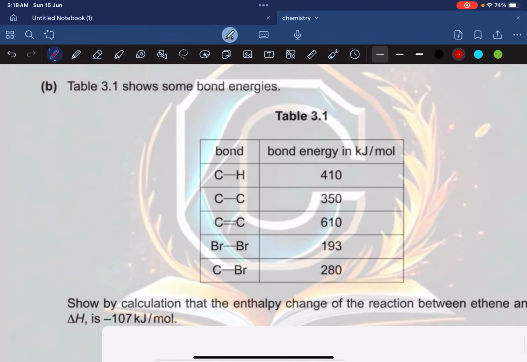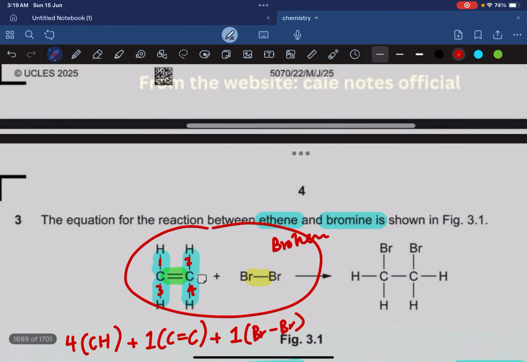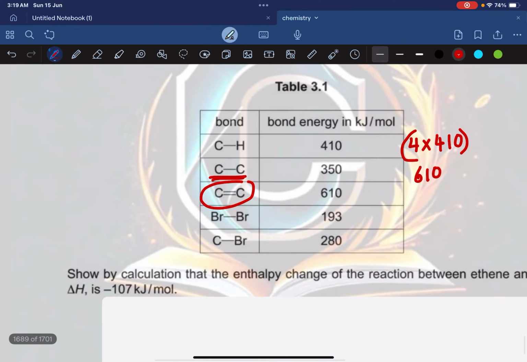Okay, 4 CH bonds, so it's going to be 4 times 410, plus 1 carbon-carbon double bond, 610. They've just given you this so as not to confuse you. This is going to be used over here. And 1 Br bond, which is going to be 193.